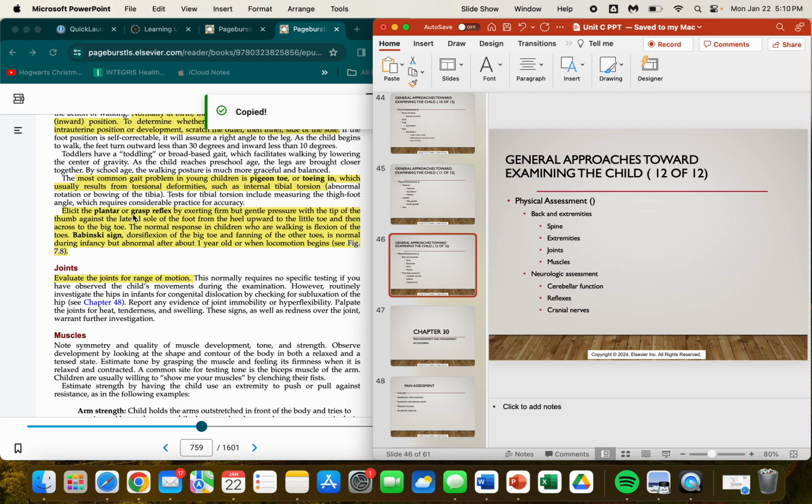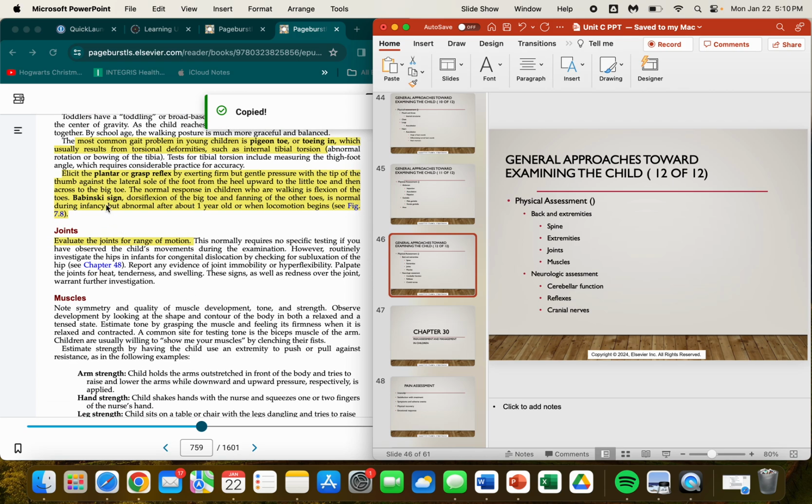Then we talk a little bit about these two reflexes. The plantar or grasp reflex, by exerting pressure on the tip of the thumb against the sole of the foot, should elicit flexion of the toe. That is something that should occur. They should have that toe flexion reflex, that plantar reflex, whenever they're born.